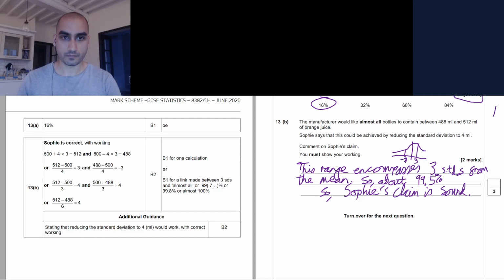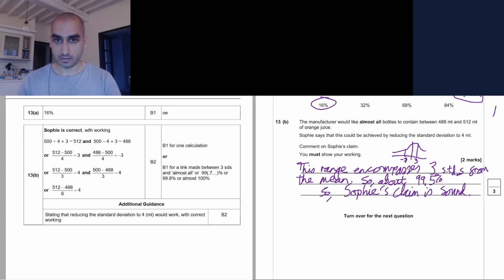So it's 2 marks. B1 for 1 calculation. I didn't do any calculations. Oh, no. It's B1 for calculation or a link made between 3 SDs and almost all. I did do the second one, so it's one or the other, so I got that.